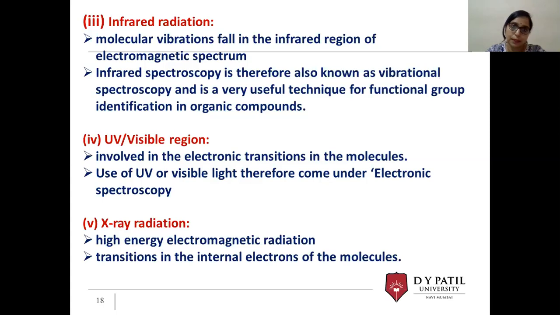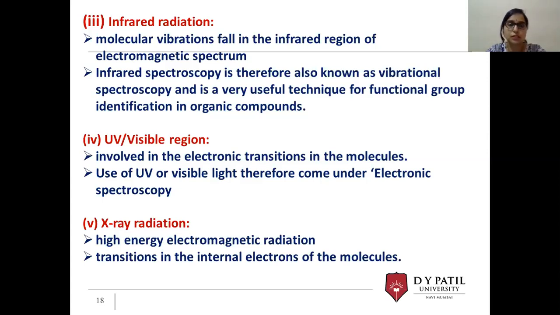So this becomes the application of infrared radiation, or the application of the technique involved with infrared radiation, that is infrared spectroscopy. Now, the fourth and very important and most common type of technique, which uses UV visible radiation, gives UV visible spectroscopy. It is involved with electronic transitions. You must have heard about HOMO, LUMO, and all the electronic states like sigma, sigma star, pi to pi star.